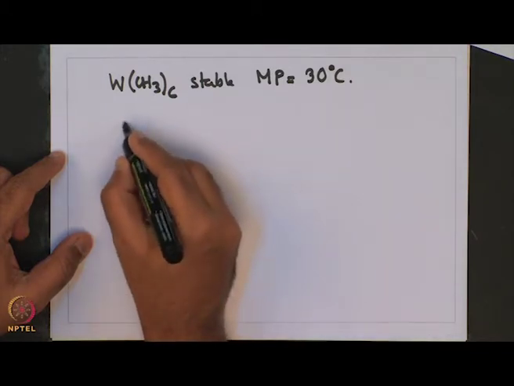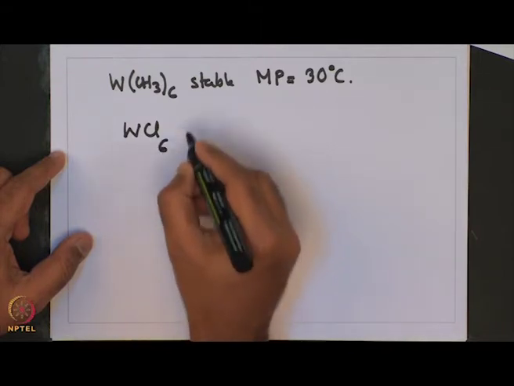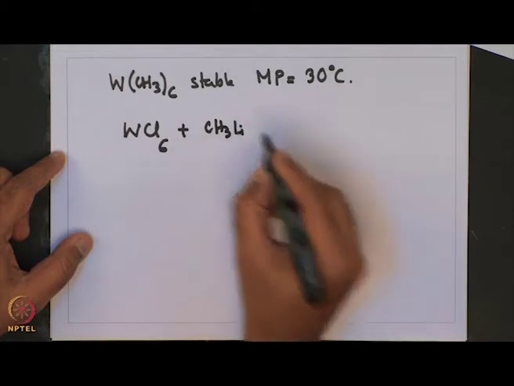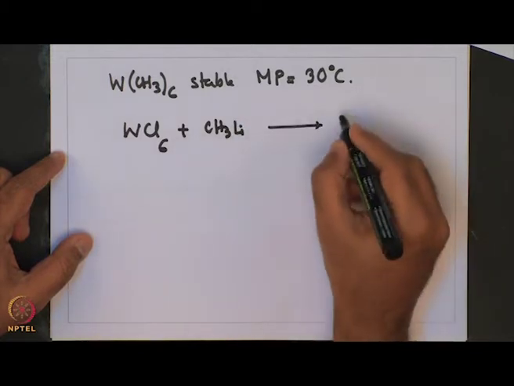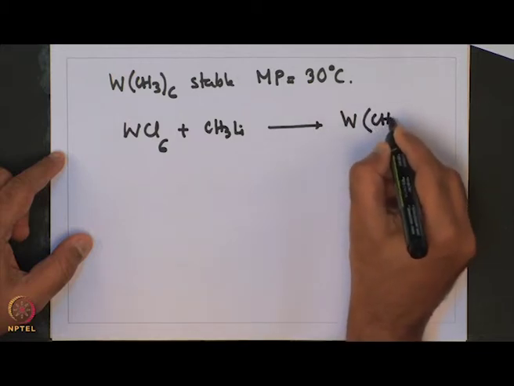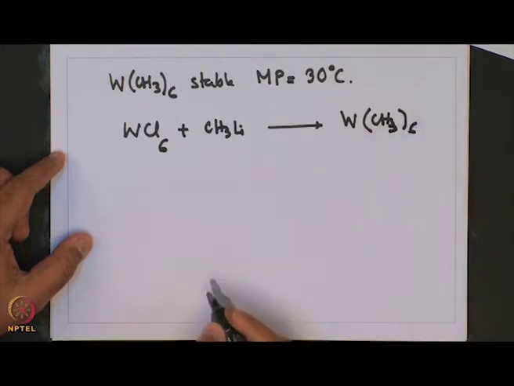This can be prepared from the reaction of tungsten hexachloride with methyl lithium, giving tungsten hexamethyl.